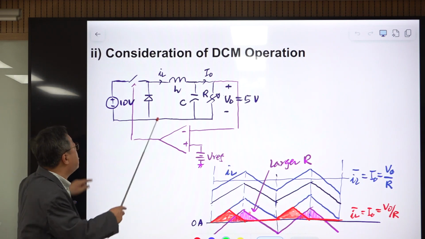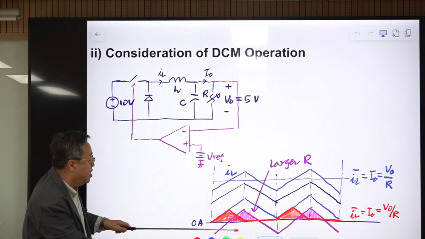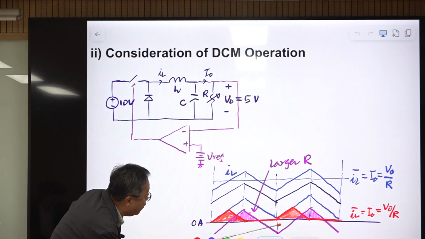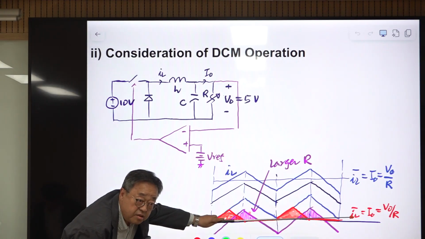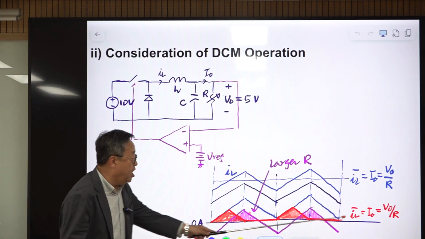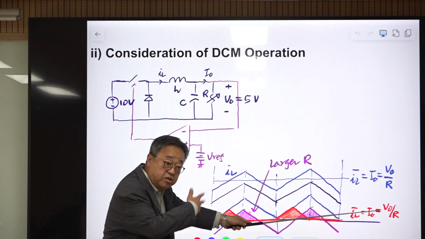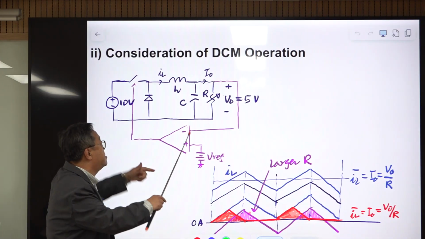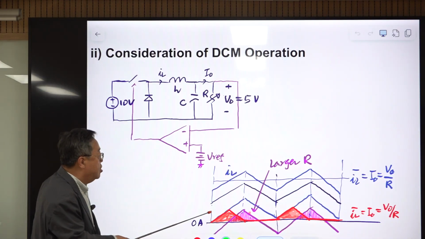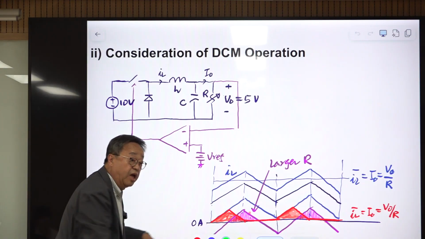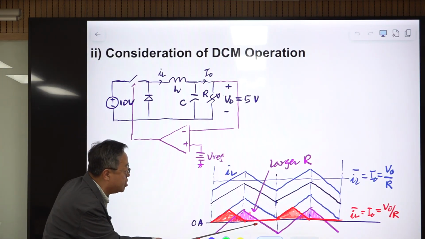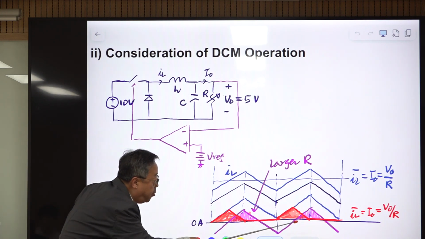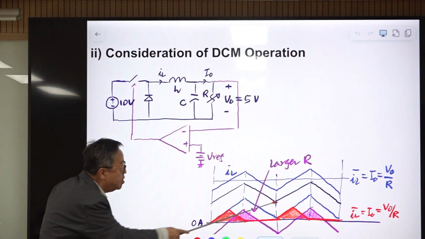Then this converter is still operating under this condition. The average value of this purple one is this IL, the same as IO, and this is regulated with the voltage mode control. So this value is fixed, and the converter is trying to deliver the same current as in the previous case without having this negative current. Then this purple area and this red area are the same.